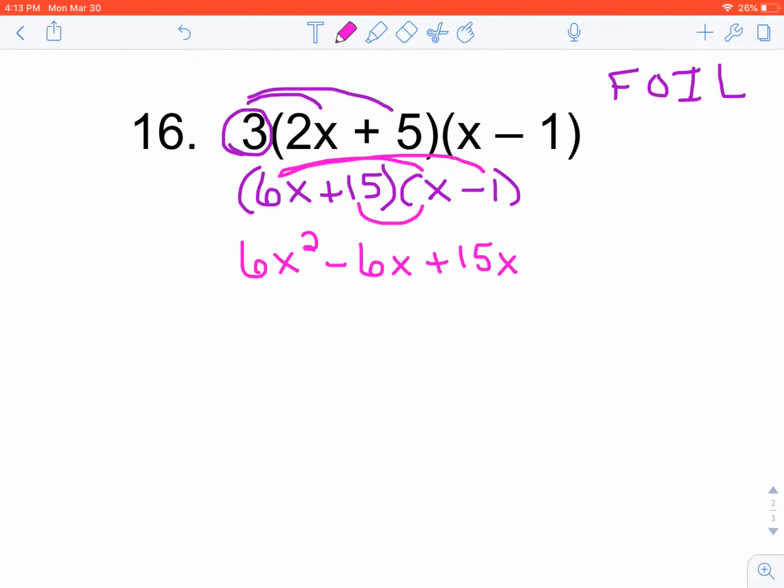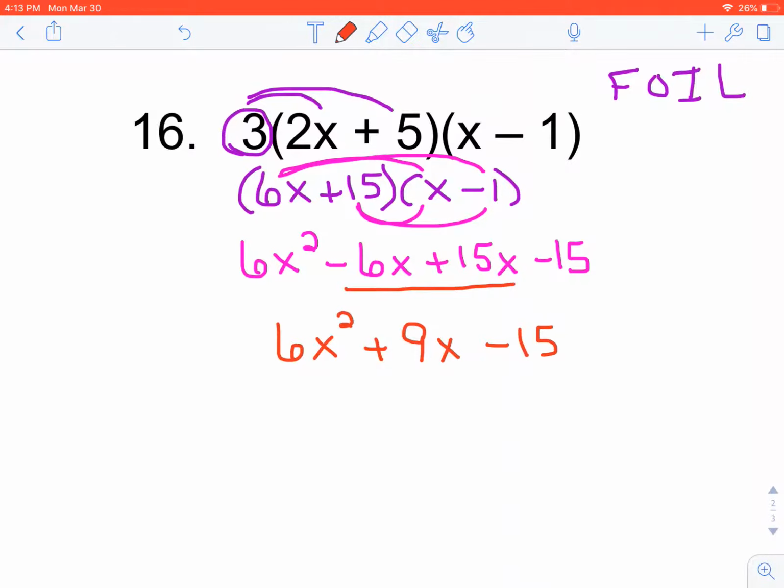And then L stands for the last terms, and those last terms, 15 times negative 1, is negative 15. So that's the FOILing part. Now we just need to combine any terms that are the same, and that's this middle pair. So we still have 6x squared. There is a negative 6x plus 15x that we can add together, and if we do that, you get 9x, and then we have negative 15.